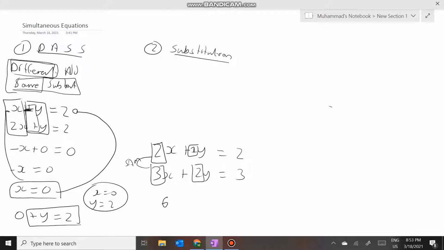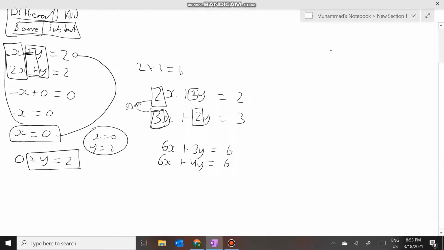So we multiply this by 3, because 2 times 3 is 6, and do the same here, so 6x plus 3y equals 6. We want this to be 6 as well, so 3 times 2 is 6, 2 times 2 is 4, and 3 times 2 is 6 again.